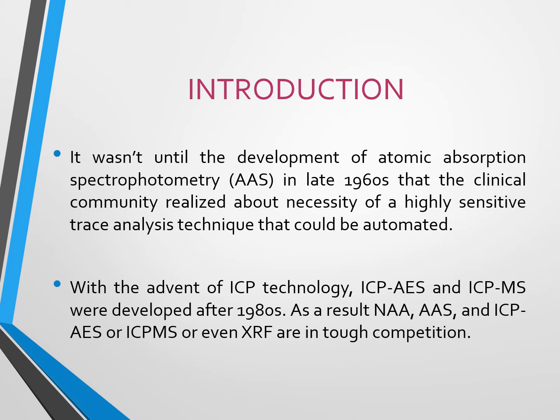And this all started after the development of atomic absorption spectroscopy in the late 1960s, as the community realized that they needed more highly sensitive instruments for their trace elemental analysis.